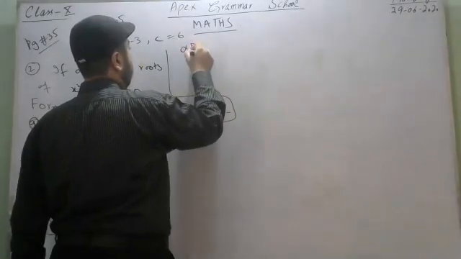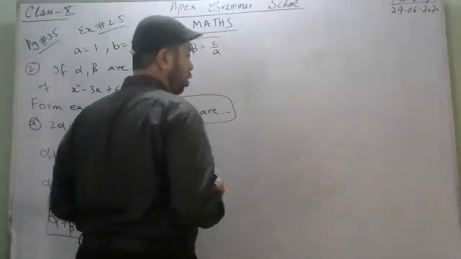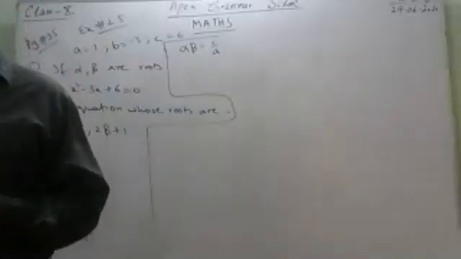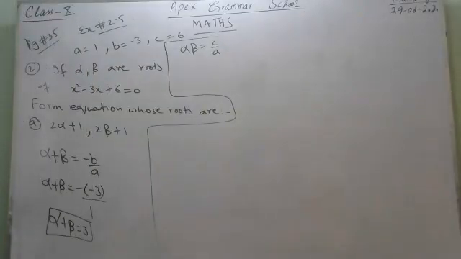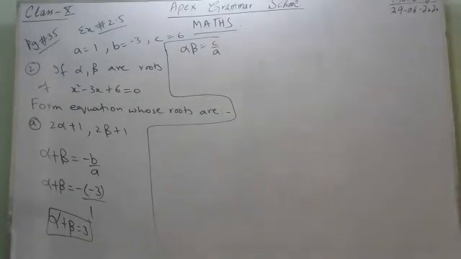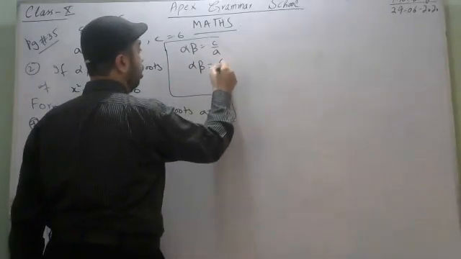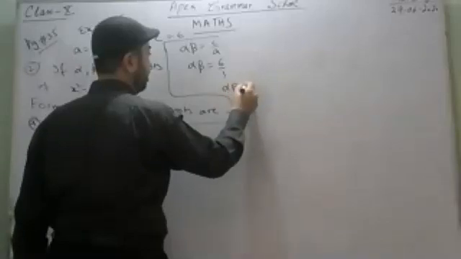After that, we need alpha beta. That alpha beta, you know, is c over a. So what is c and what is a? You have all the values in front of you. That makes 6 over 1, so alpha beta is 6.